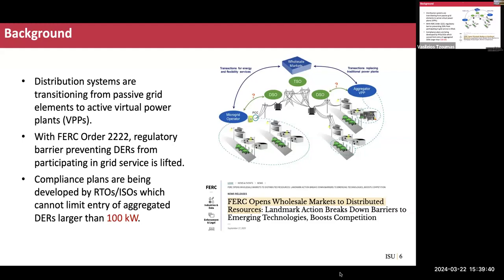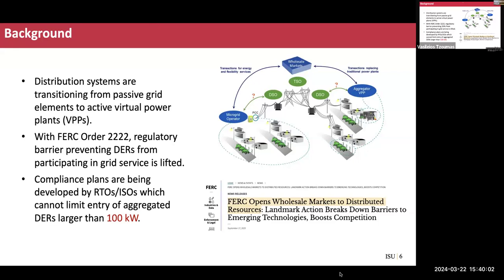As you can see from here, we have very good understanding of the TSO and DSO, the transmission system operator and distribution system operator interaction. But we don't have really good understanding of how the microgrid operator works with the distribution system operator. We don't have good understanding of how the distribution system operator works with the aggregator or this VPP, virtual power plant.